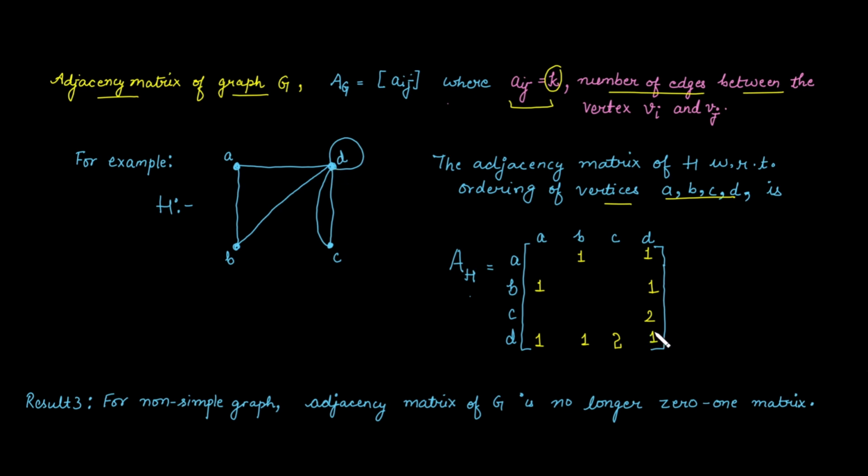So we write 1 over here because it represents the number of edges, not the degree of that vertex D. So the result is, for the non-simple graph, the adjacency matrix of G is no longer a 0, 1 matrix, because there is an entry 2 over here.